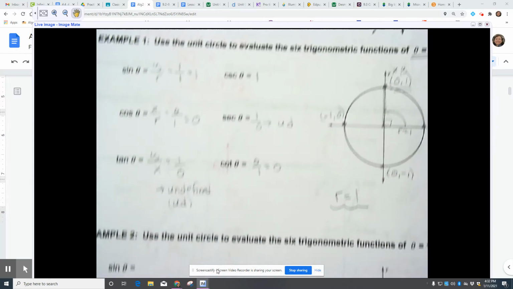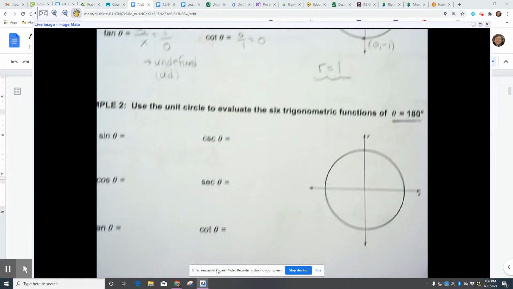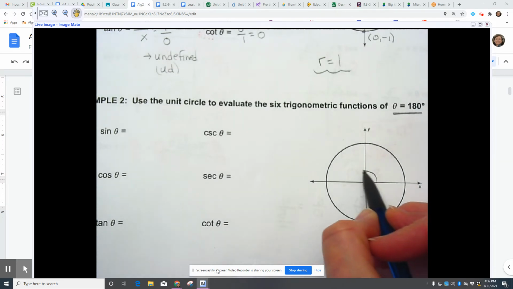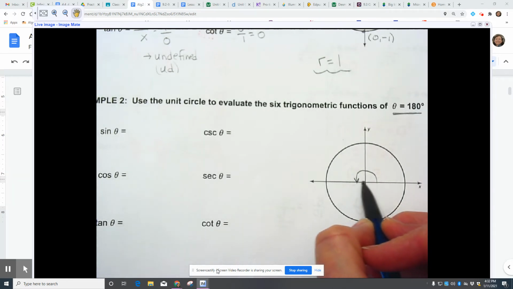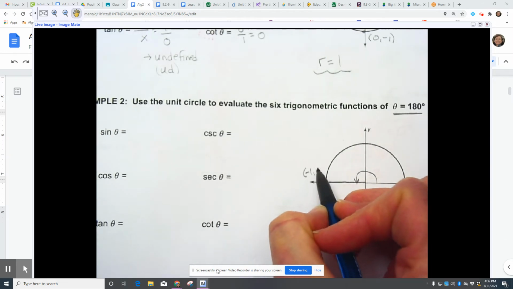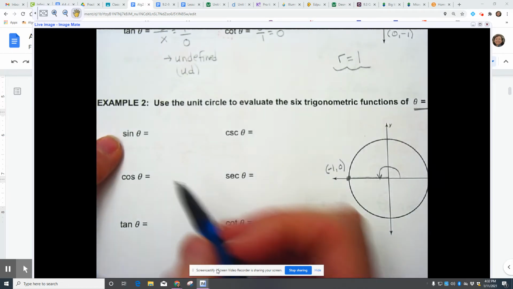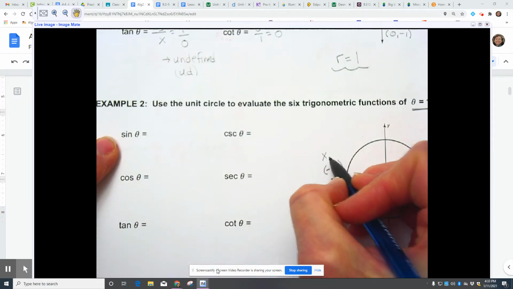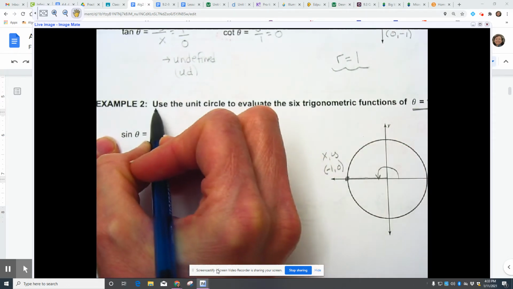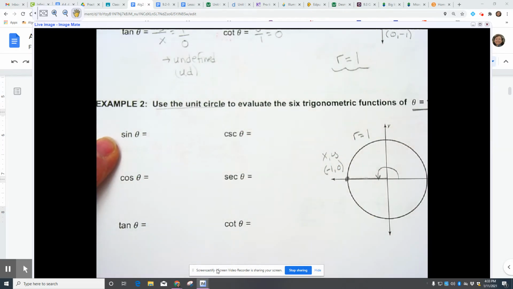Example 2 is the same idea, but we're doing 180 degrees. So again, 180 degrees would be halfway around the circle. So I'm right here at this coordinate point, -1, 0. This is my x, this is my y. It is on the unit circle, so that means my r is 1.